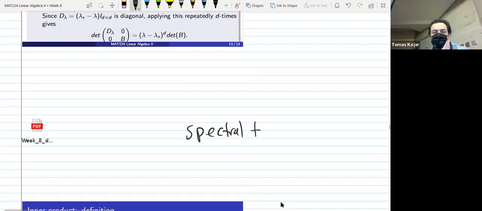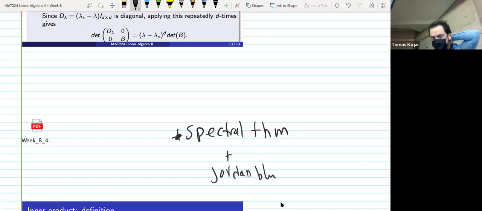The plan for the next 2 or 3 weeks: spectral theorem and Jordan blocks. Spectral theorem basically says that if you have a matrix that is symmetric and it has positive eigenvalues, yeah, we'll come back to this.